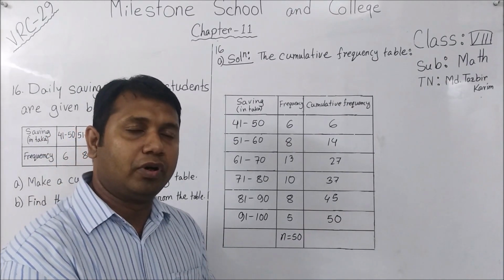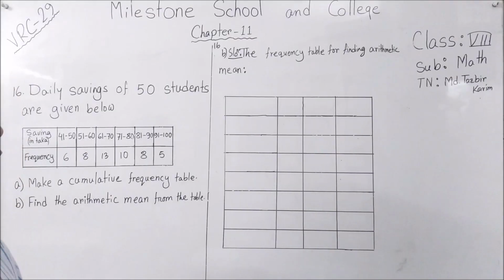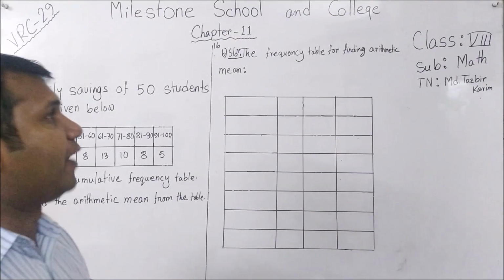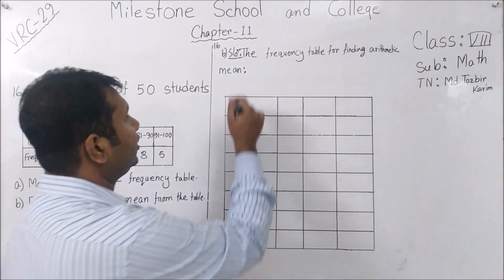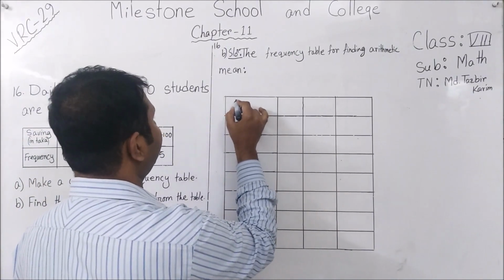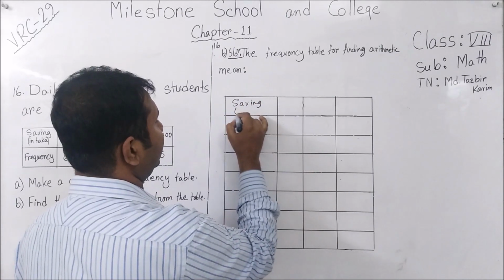Now we are going to find the arithmetic mean from this table. The frequency table for finding the arithmetic mean that we are going to draw.